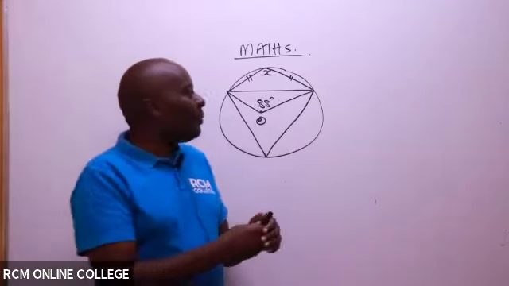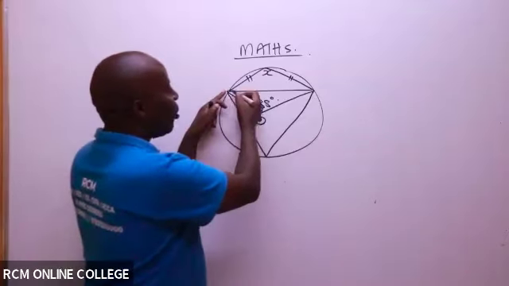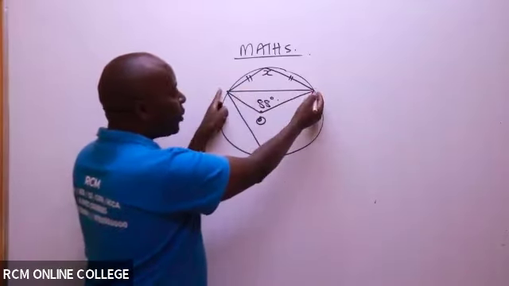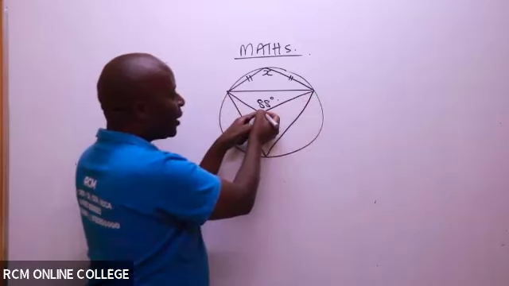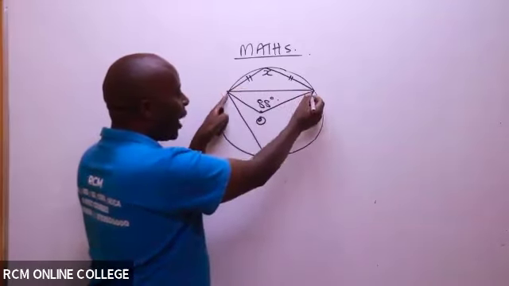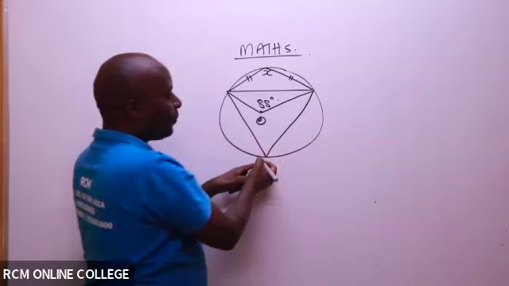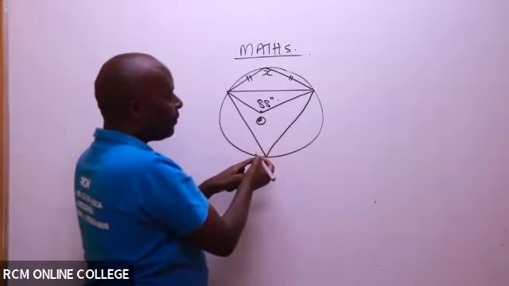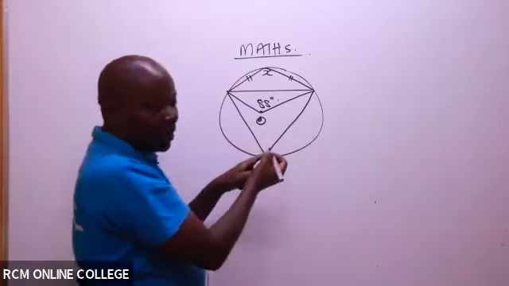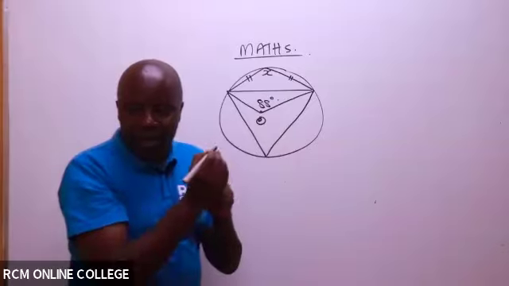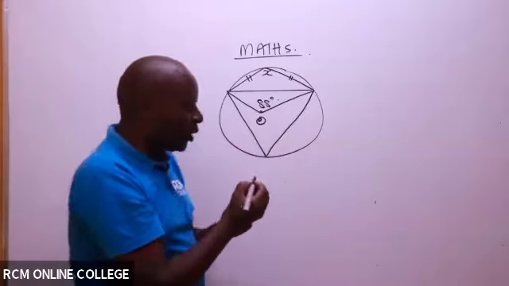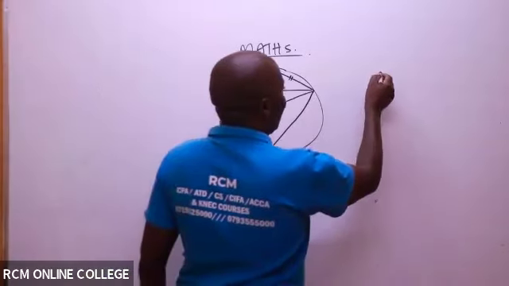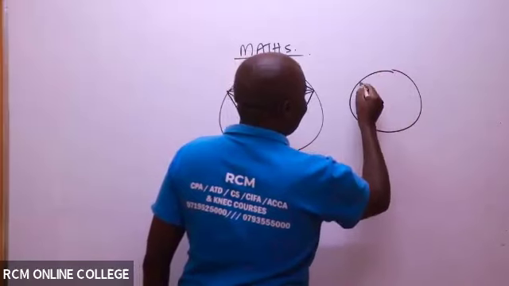All right. So remember, ladies and gentlemen, we have this chord, which is able to sustain an angle at the center and an angle at the circumference. If you are able to remember this very well from your class tutorials, you are told something very nice here. Allow me to just draw something small here.